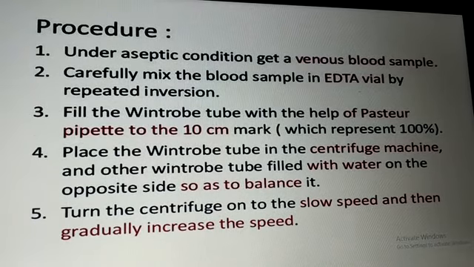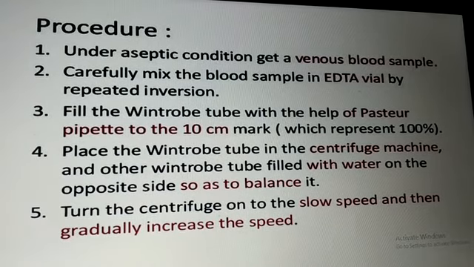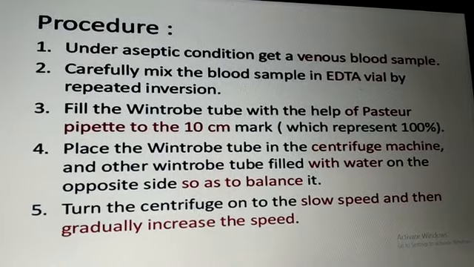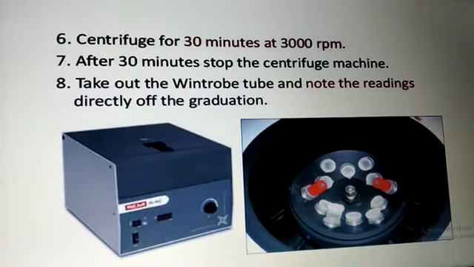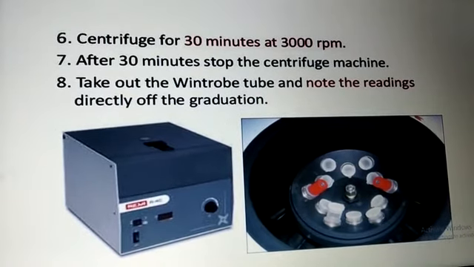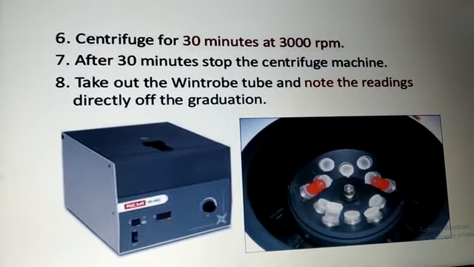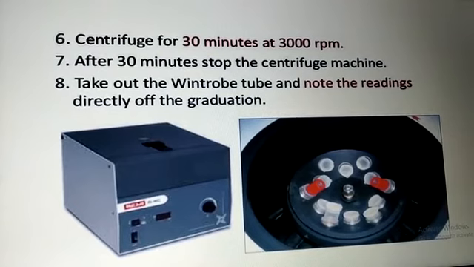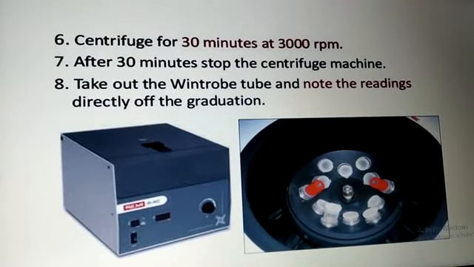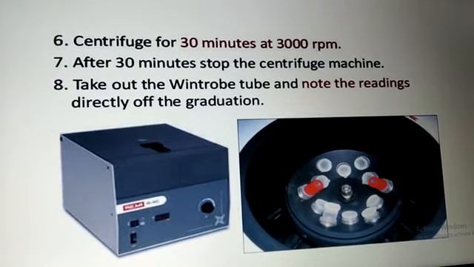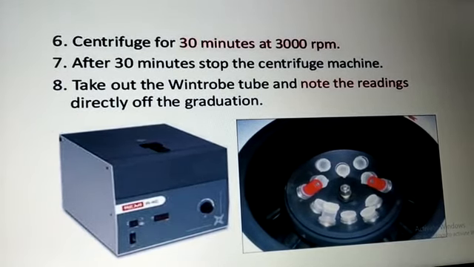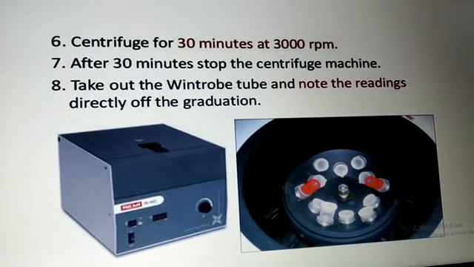Next, turn the centrifuge on at slow speed and then gradually increase the speed. After that, centrifuge the Winthrop tube for 30 minutes at 3000 rpm, and after 30 minutes stop the centrifuge machine, take out the Winthrop tube and note the reading directly from the graduation.